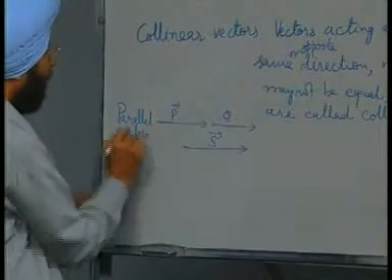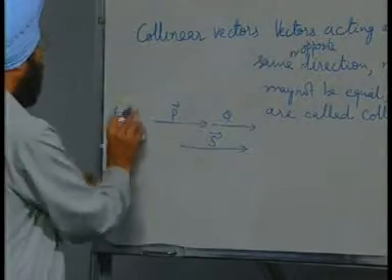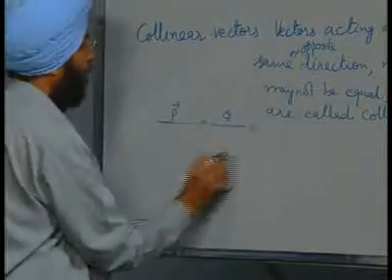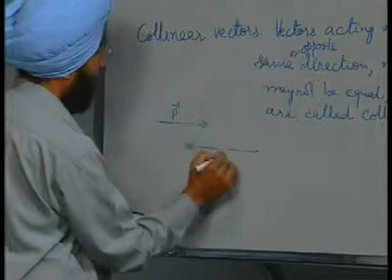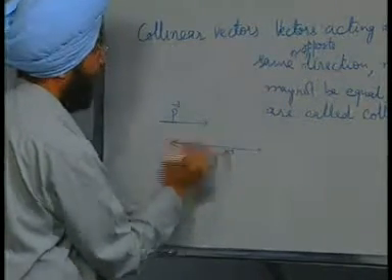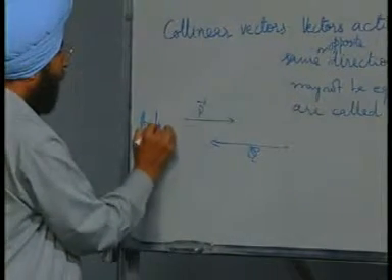These vectors are parallel vectors. If we have vector Q pointing in the opposite direction, then these vectors are known as anti-parallel vectors.